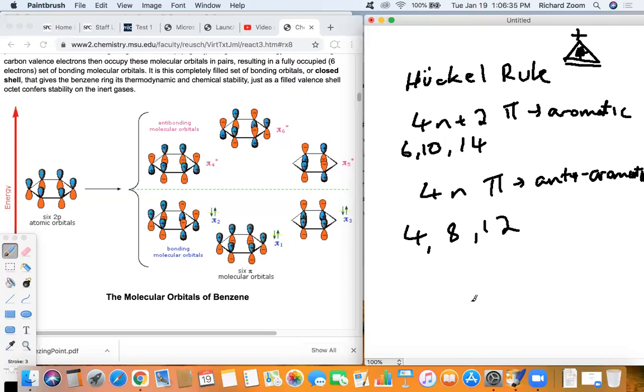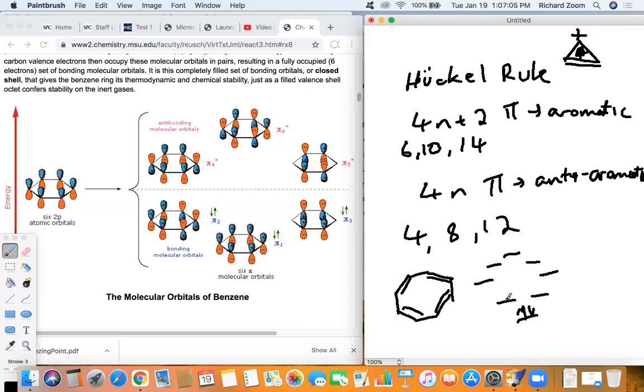Okay. Thanks. Now, if we look at the 8-membered ring that has 8 pi electrons in it, looks like a stop sign, and we do the energy diagram for that, it looks like this. So I put it on one of its points, and then I put the 8 electrons in.